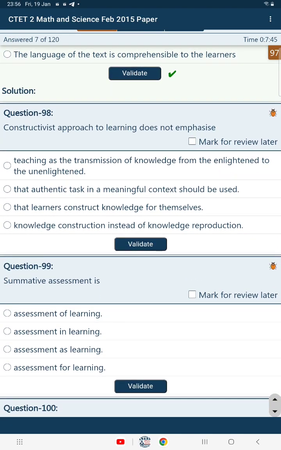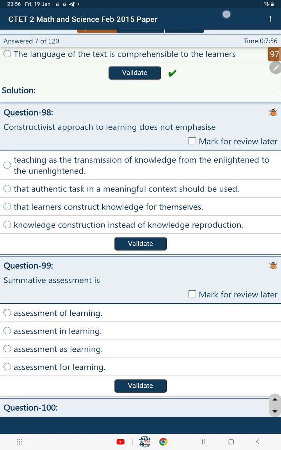A constructive approach to learning does not emphasize which? We need the negative answer. Why? Because the question says, you see, it is 'does not'. Teaching as the transmission of knowledge from the enlightened to the unenlightened. This is the first itself. For authentic tasks, meaningful context should be used. The learners construct knowledge themselves.